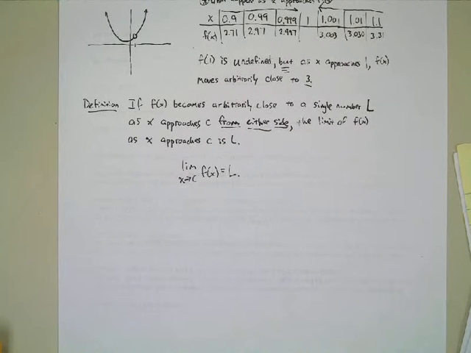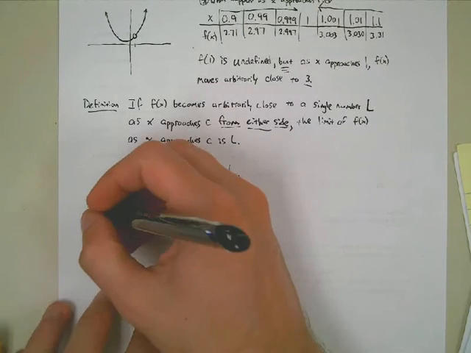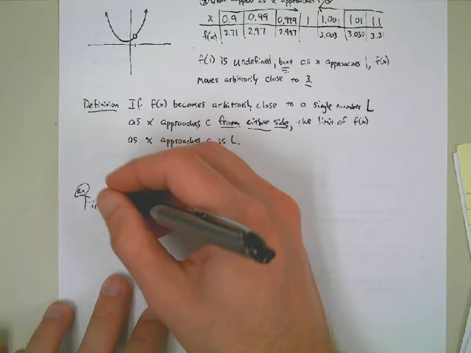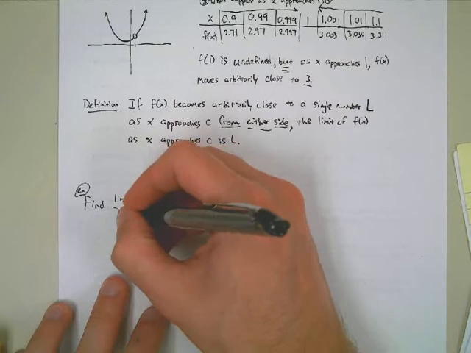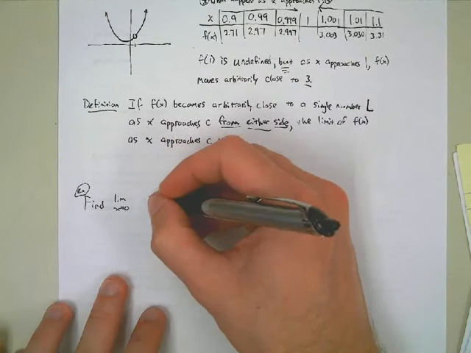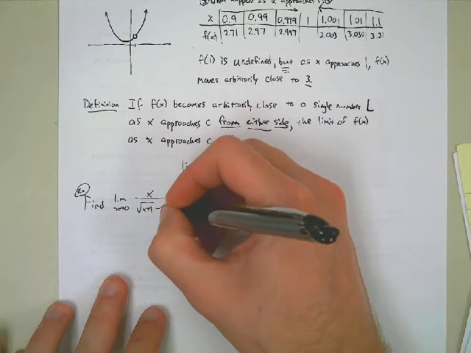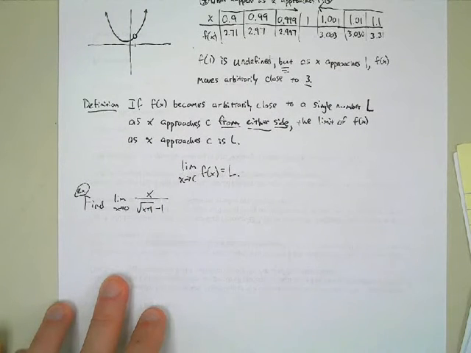So, let's try another one. This is an example here: find the limit as x approaches 0 of x over the square root of x plus 1 minus 1, like that, in the denominator still.